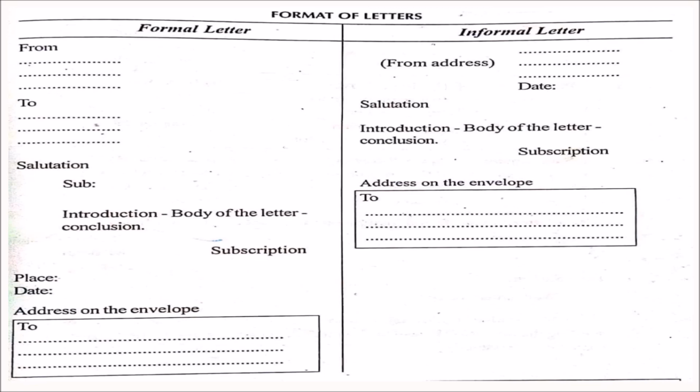In that, we have to write to address. Informal letter, from address, date, salutation, introduction, body of the letter, conclusion, subscription, address on the envelope. In that you have to write to address.